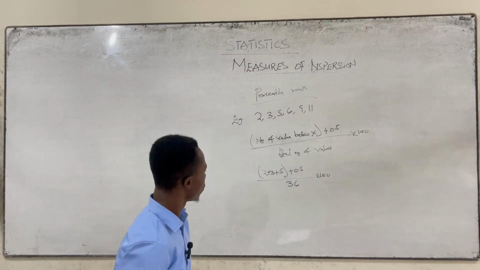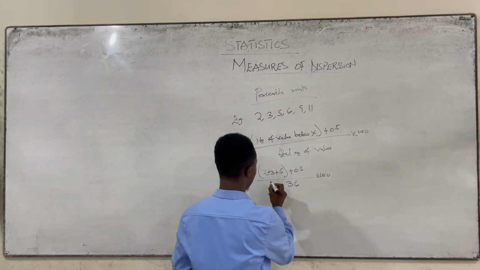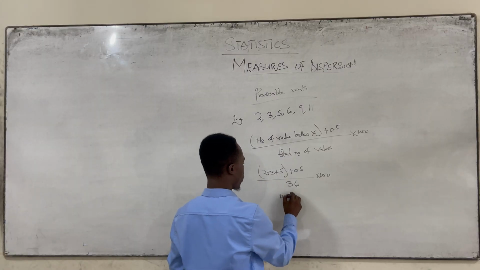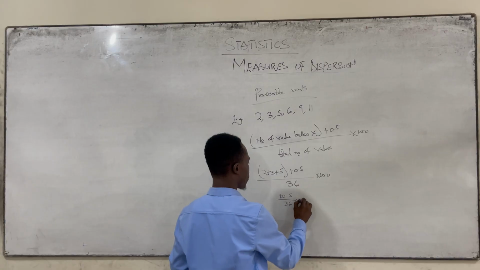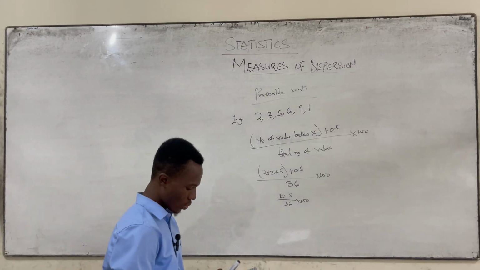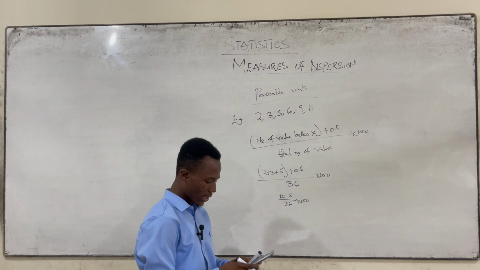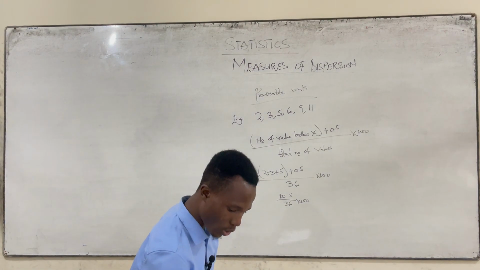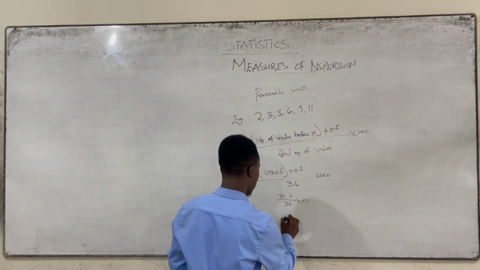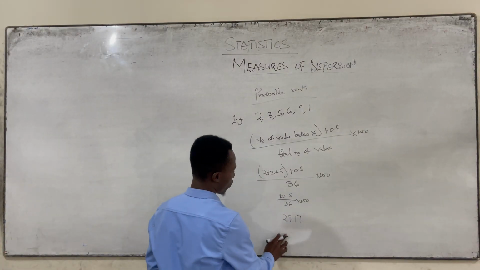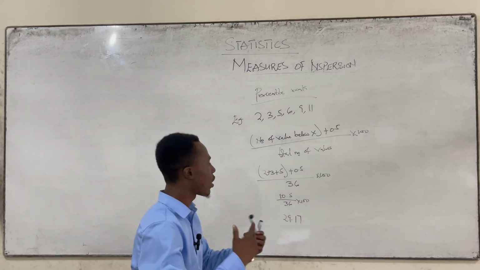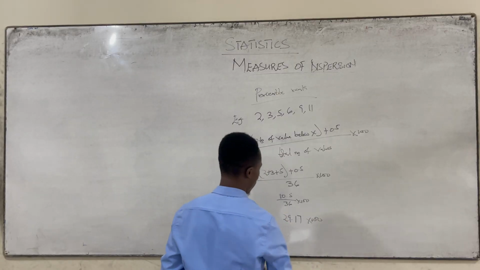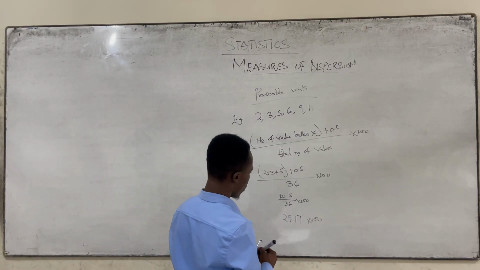So the top will give us 10, plus 0.5, so 10.5 over 36 times 100. So 10.5 over 36 multiplied by 100 is 29.17. Since we want to calculate for the percentage, we multiply it by 100.